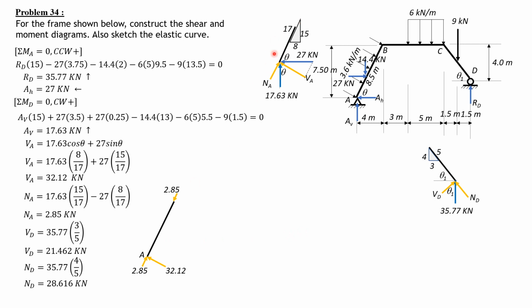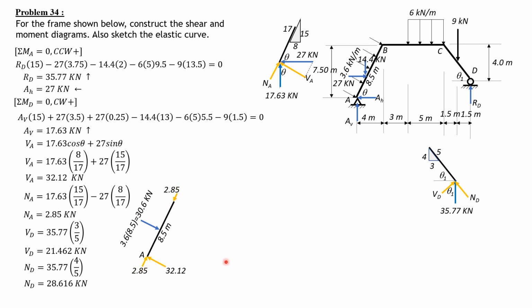Then we have here member AB. These are the components of shear and normal. Since there's no other normal load, if we apply the original load, this is perpendicular to the member, 3.6 times 8.5, which is 30.6. Then summation of forces along this axis is 0, so this must also be 2.85, opposite to this.